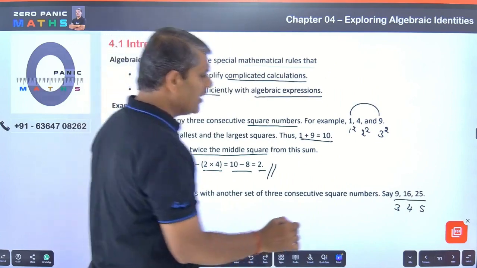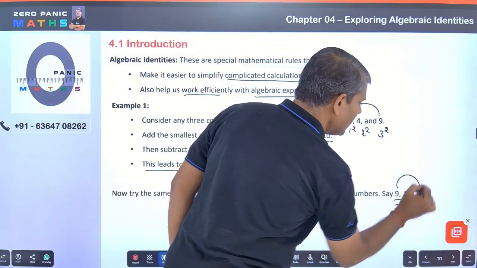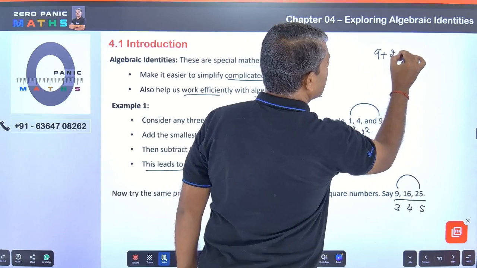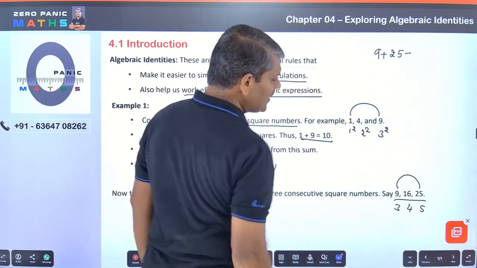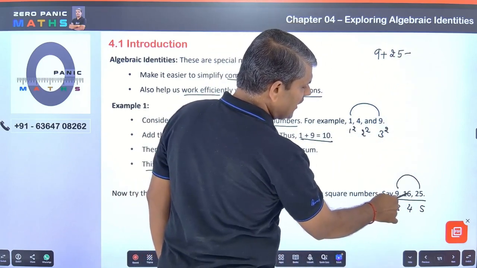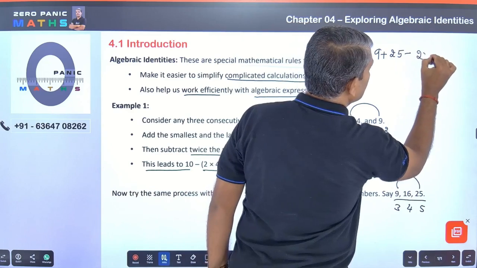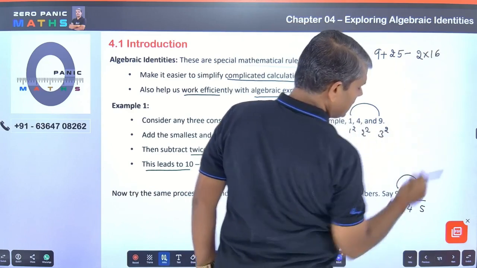Understood this? Now let us add the first and last: 9 plus 25. The second step is to subtract twice the middle. Twice the middle is 2 into 16, the middle is 16 right here.